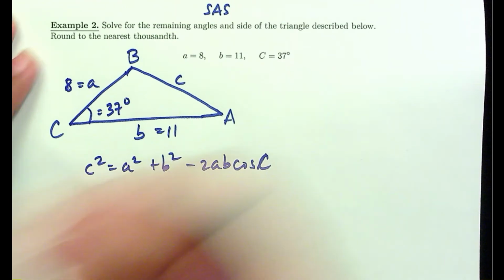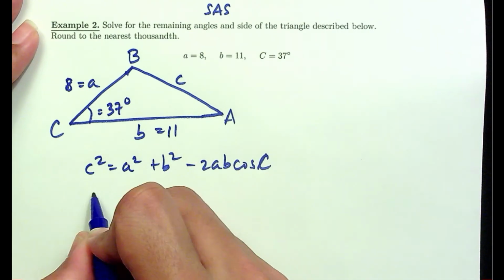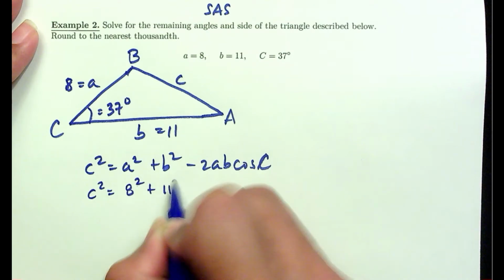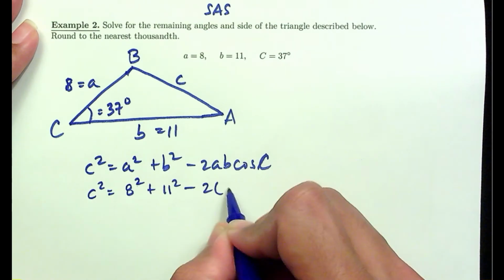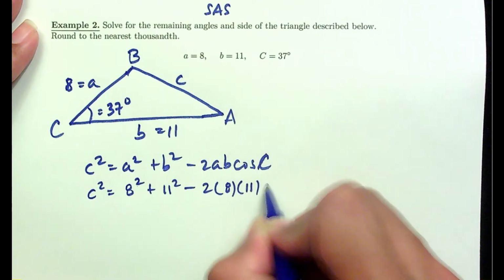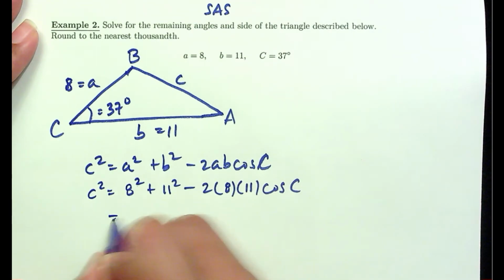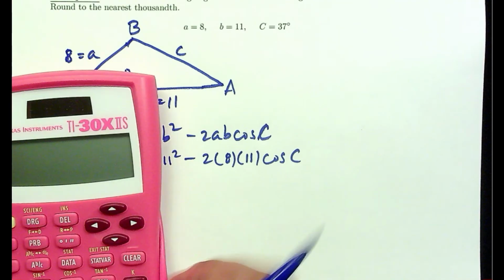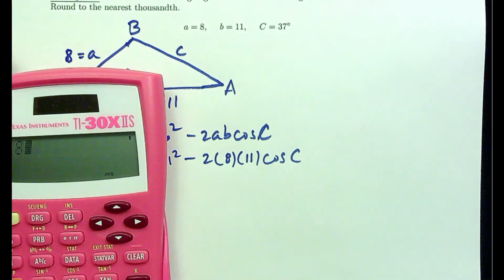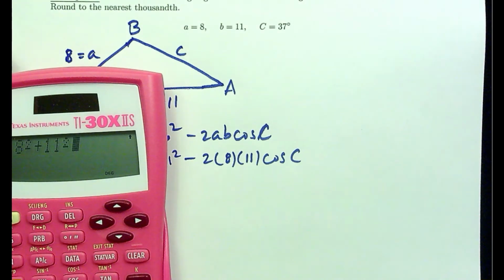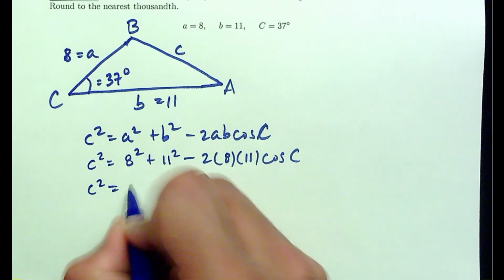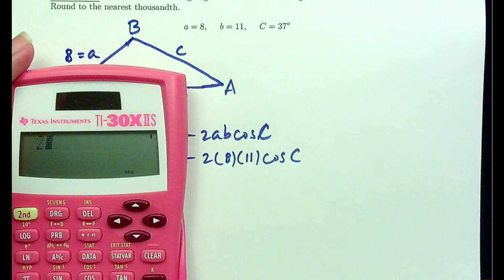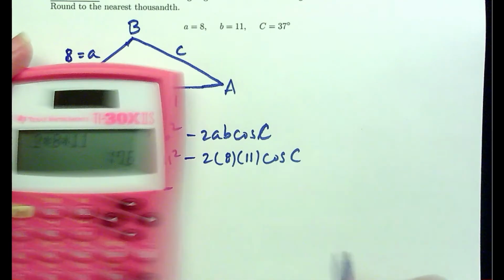Okay, now let's plug in the numbers. We get c squared equals 8 squared plus 11 squared minus 2 times 8 times 11 times the cosine of C. Let's do that real quick in the calculator. 8 squared plus 11 squared, 185. 2 times 8 times 11, 176.